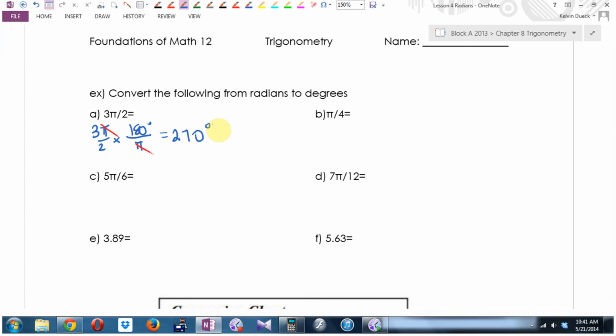Pi by 4, what's that? How do I go from radians to degrees? I multiply by 180 over pi. I think it's going to be 180 divided by 4. 45 degrees.